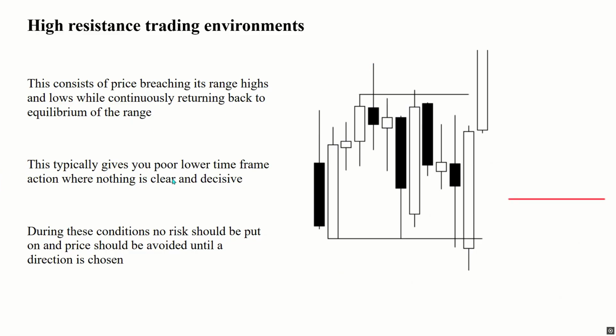This typically gives you poor lower time frame action where nothing is clear and decisive. That's exactly what I don't want to be a part of, because on the lower time frame this is even sloppier. It's obviously easier to see here once the moves are passed, but trading consolidation when you're in consolidation is pretty tricky, especially on the lower time frame, and I mean like 1 to 5 minute, because everything looks like it could potentially have a move.